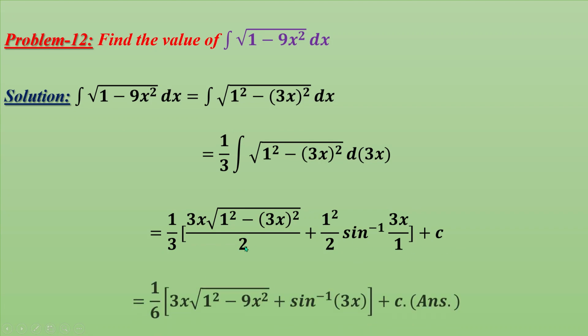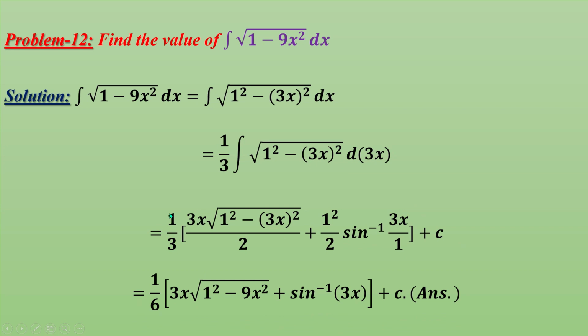Now calculate, taking half common. As a result, here will be 1 by 6, and here 3x square root over 1 minus 9x square plus sin inverse 3x plus c. This is the required answer.